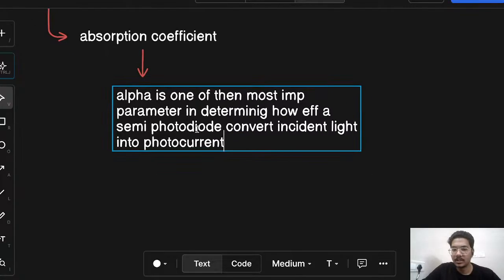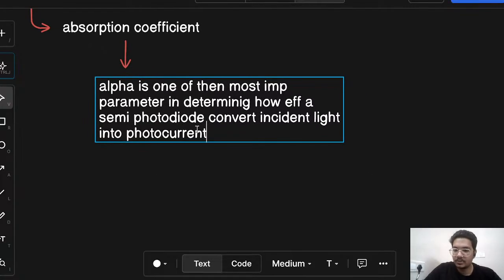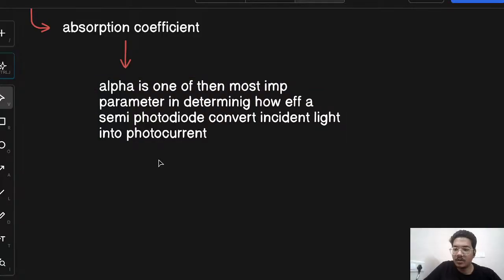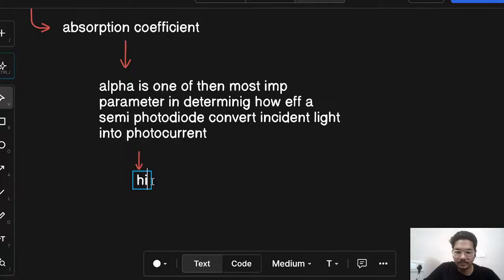What is the absorption coefficient? Absorption coefficient alpha indicates how strongly a semiconductor absorbs light of a particular wavelength. High alpha indicates strong absorption, and many photons are absorbed in a short distance.